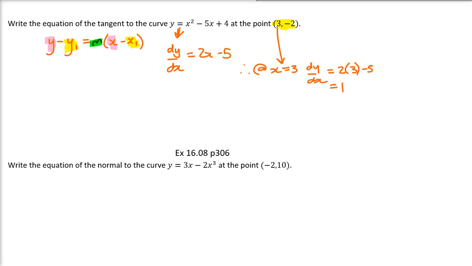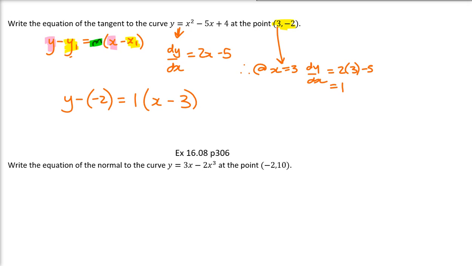Okay, there's your x. Happy with that? You don't have to do it for -2. So what's the -2? The -2 is going to be your y value here. Alright. Make sense? So it's going to be y minus y1, which is -2, equals m, which is 1, lots of x minus 3. Okay?